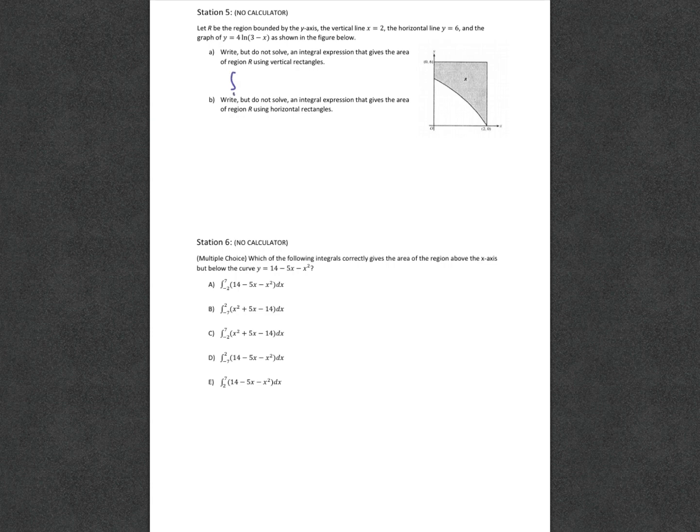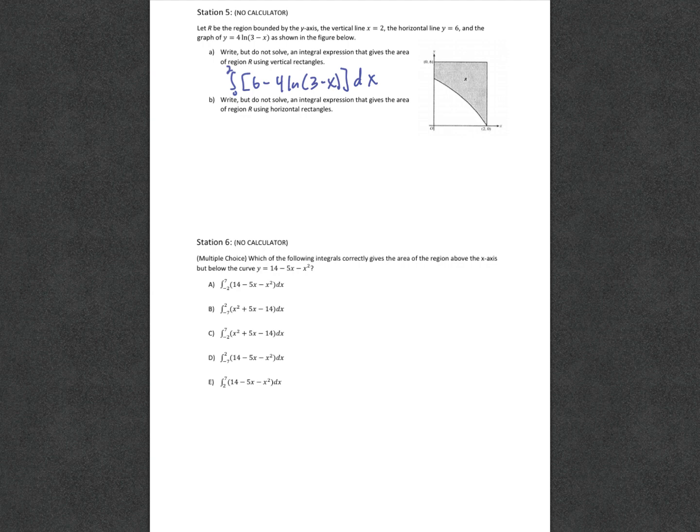So we'll do integral 0 to 2, and then the top function is y equals 6 minus the bottom function, that weird one, 4 ln(3 minus x) dx.